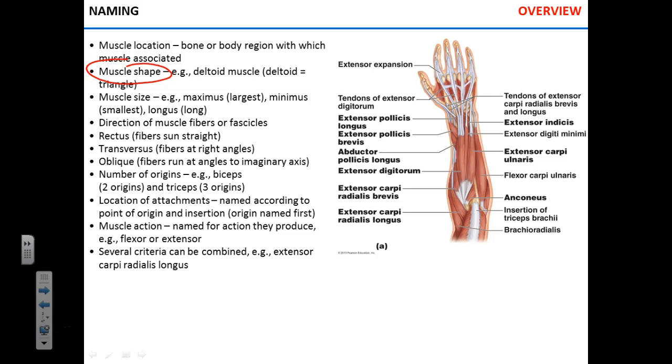So this is rectus abdominis, this is external oblique, this is internal oblique, and this is transversus abdominis. Number of origins: biceps has 2 origins, triceps has 3. Attachments.